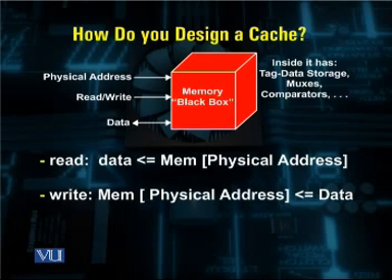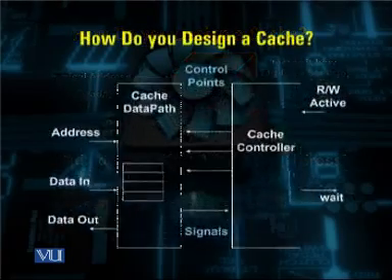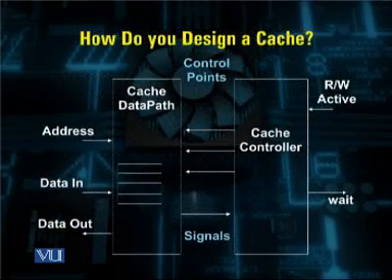And memory write means it writes data to the physical memory. Furthermore, we also have to determine the relationship between the physical address and the cache address. And finally, we design the cache data path and cache controller.